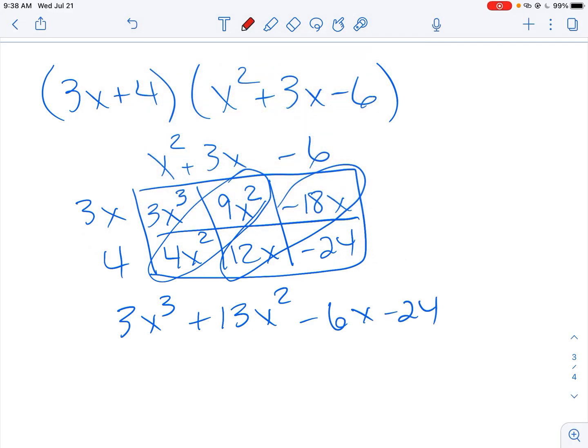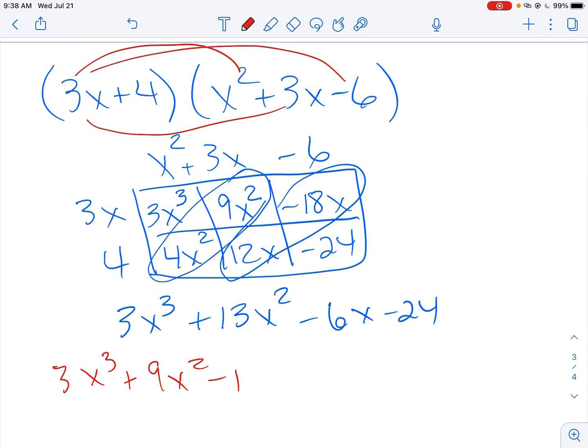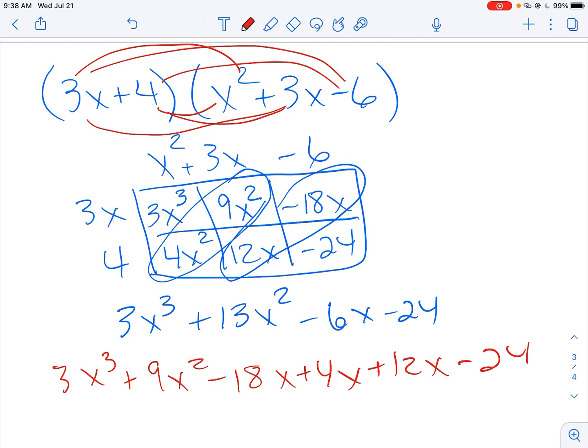Now again, you could also do it with the distributive property. Minus 18x, and then you take the 4. And that would be 4x squared plus 12x and minus 24.